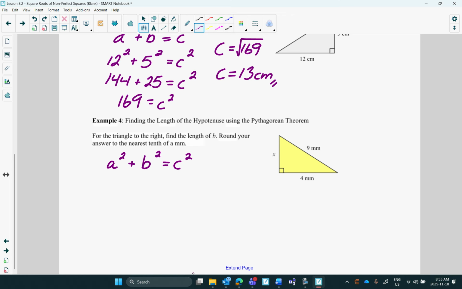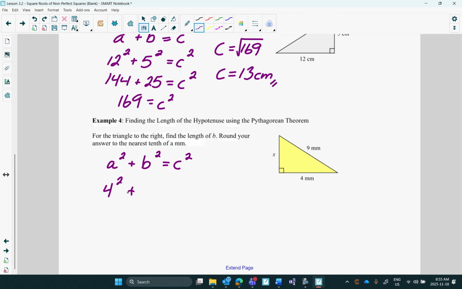Do I know one of the legs, or do I know both of the legs? I know one of them. What is that? So it's 4. So I'm going to plus 4 squared. Do I know the other one? No. What is it called? It's not called B if you look at the diagram.